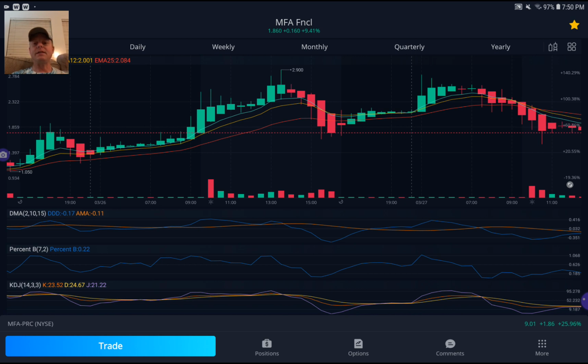The 14, the 3, and the 3: the 14 is 14 periods. That's your long line or your slow line. Your 3 and 3, your first 3 is your fast line, which is a little purple line that kind of zigzags or waves through the yellow line. And then your other 3 is your smoothing factor.